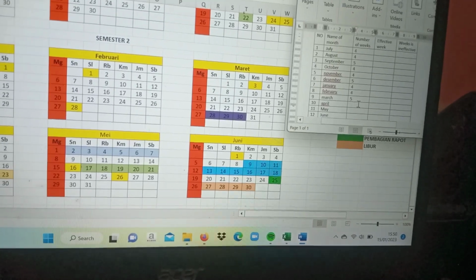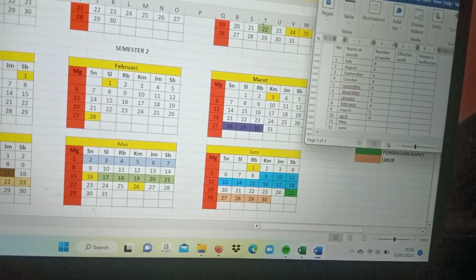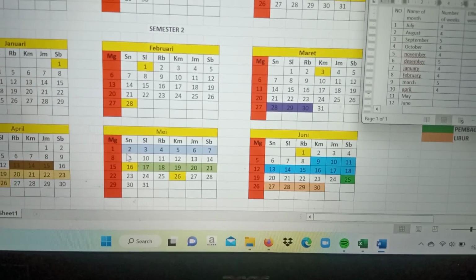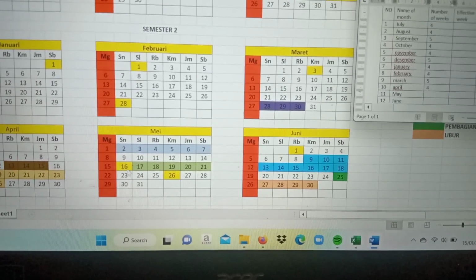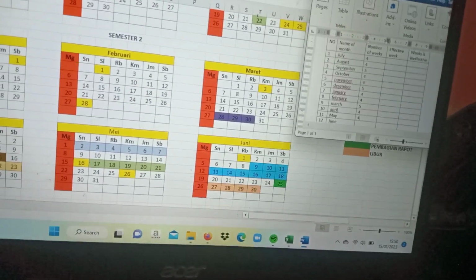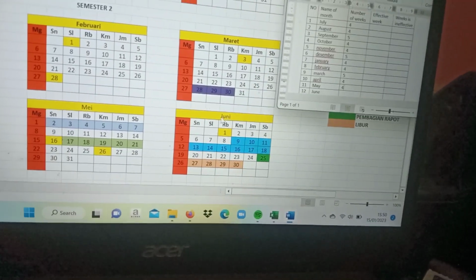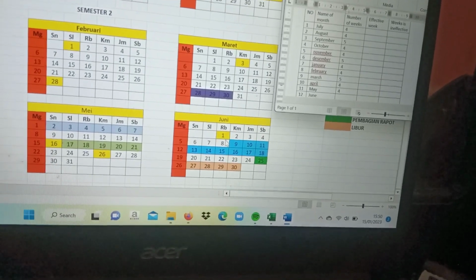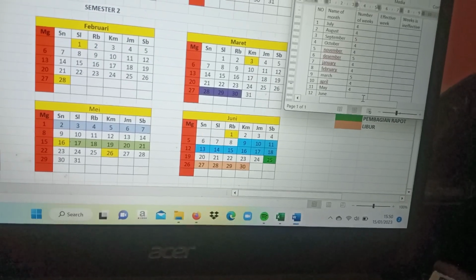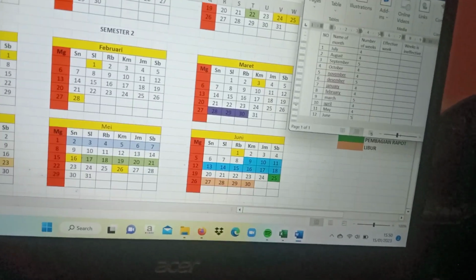Let's write here, in April there are 4 weeks. And next in May there are 1, 2, 3, 4, also 4 weeks. And the last is June. There are 1, 2, 3, 4, 5. In June there are 5 weeks.